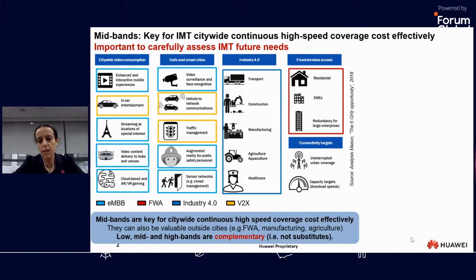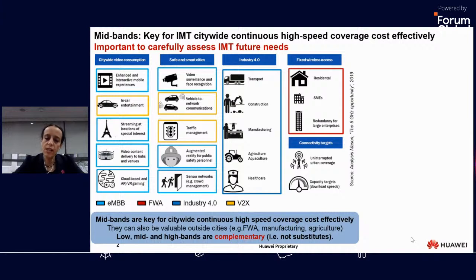Of course, midbands can serve this continuous and high-speed coverage cost-effectively within cities, but they are also valuable outside the cities to serve other use cases like fixed wireless access, some manufacturing, agriculture, and so on and so forth.